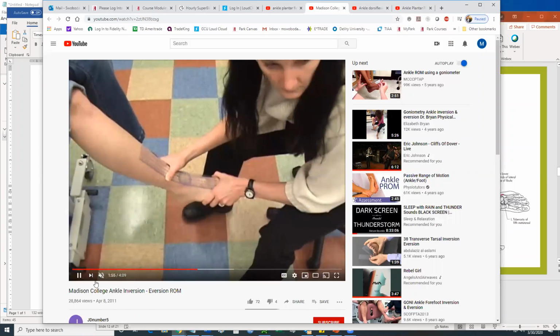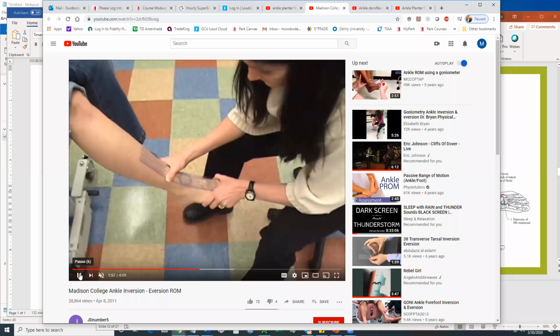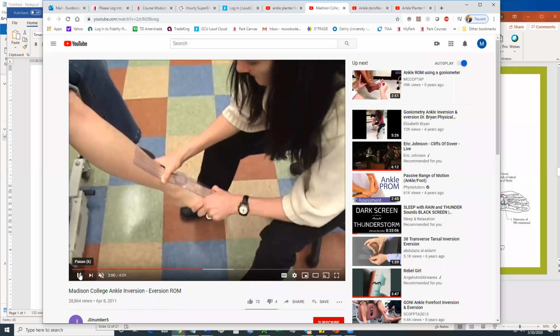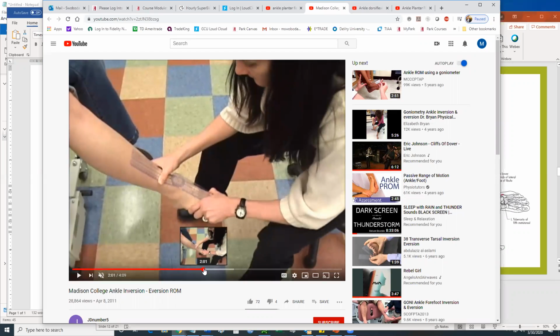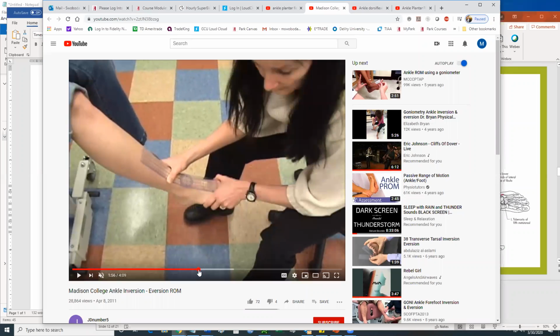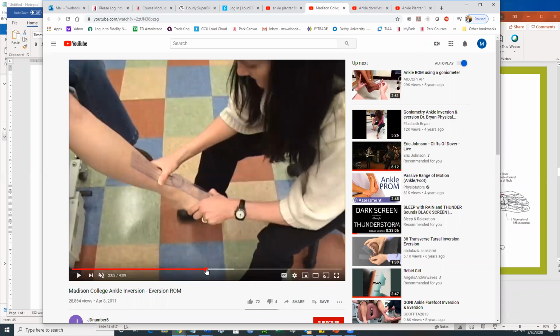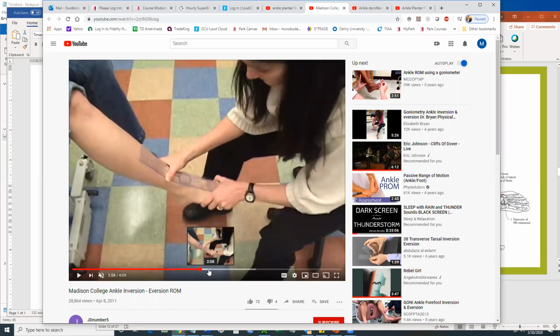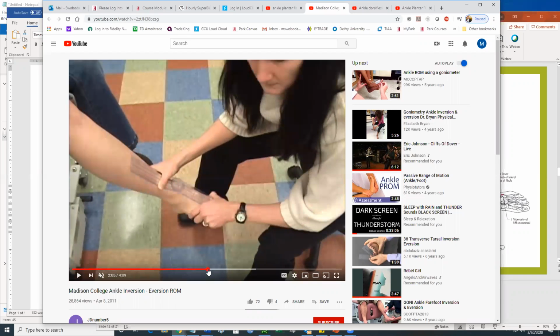See, she's starting out with a neutral foot, and then eversion, pulling that foot out away from you. So there's your neutral foot, there's your everted foot. A very subtle movement. If you take your foot and try to move it out to the side, you notice there's not much movement at all. But that's what you get out of fibularis, that movement from here to here.